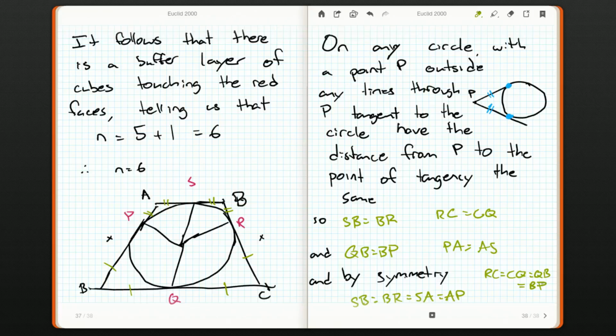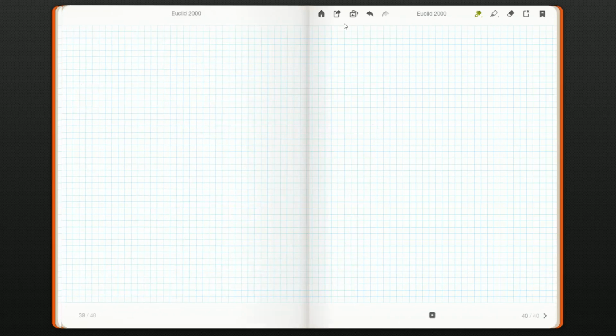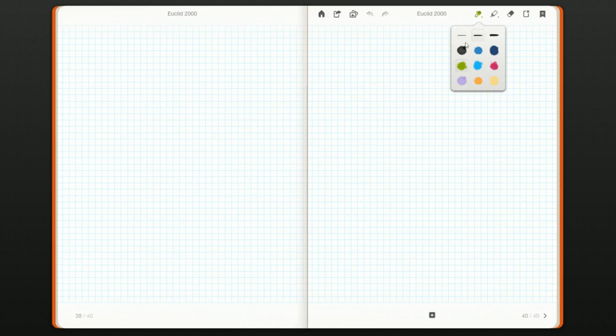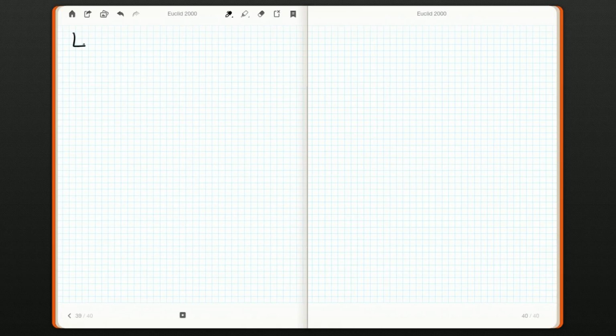Okay? So we really have two lengths in here. And the interesting thing is that these two lengths, when added together, actually make up the length x. So why don't we give them names? We'll let AP equal y and PB equal z. Okay?